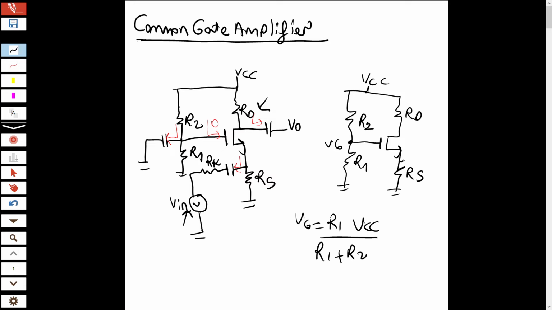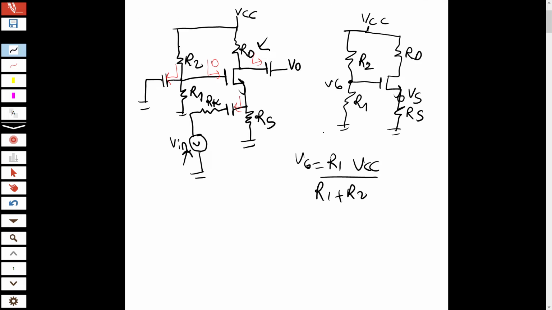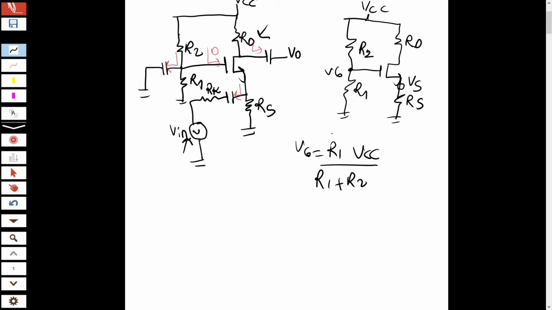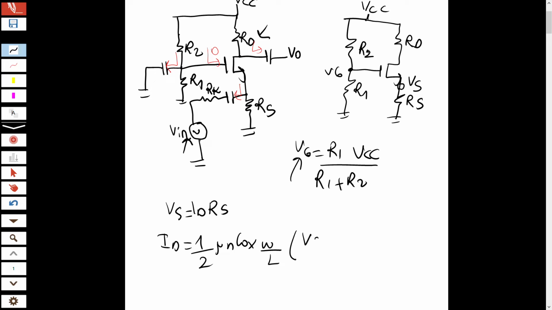If I write V source, how can I find the ID current? V source equals ID times R source. So in the ID equation, I will write 1/2 μn Cox W/L (VGS minus VT) squared, where VGS equals V gate minus V source, which is V gate minus ID times RS.